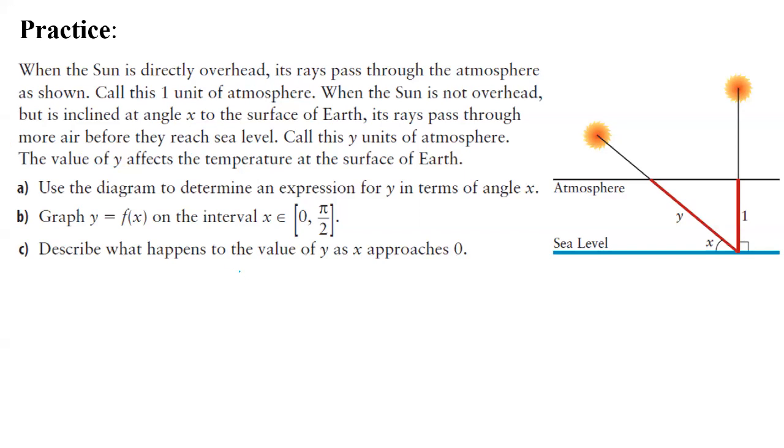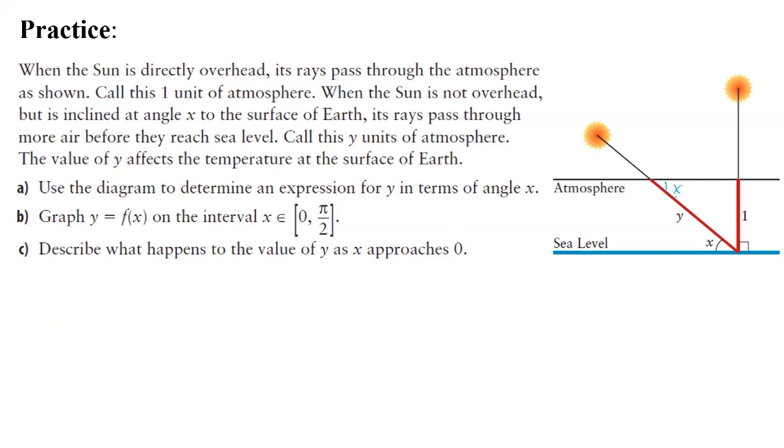All right, let's have a look at the solutions. First of all, use the diagram to determine an expression for y in terms of angle x. So if we consider this triangle here, apparently this is angle x, right? Because this line is parallel to this line, we know that this angle is x here.